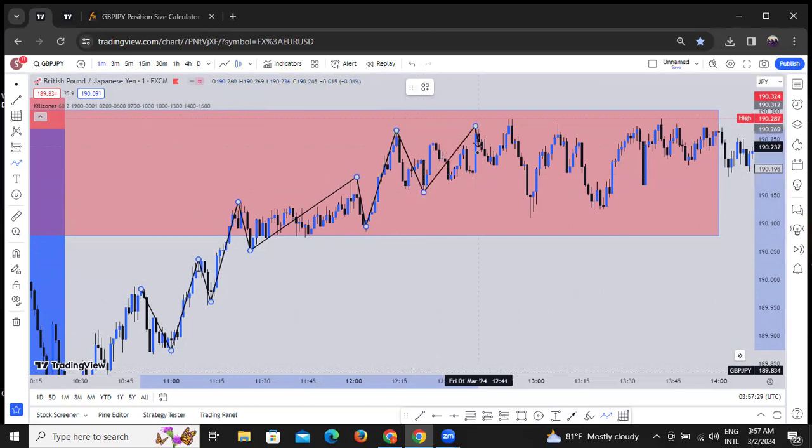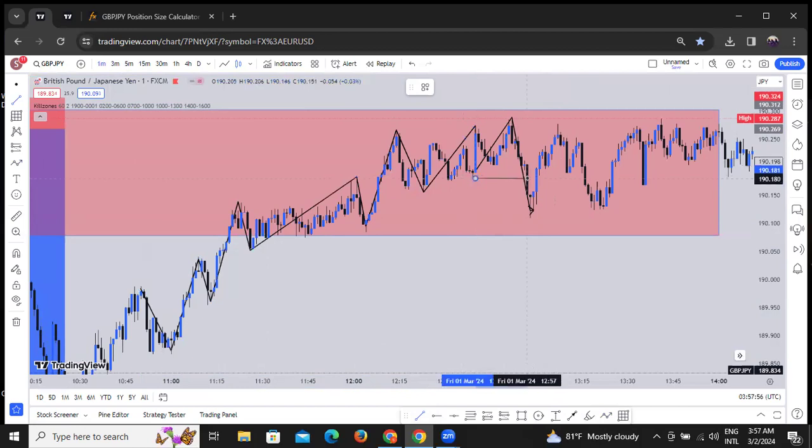Higher high, higher low. Now we have this higher high. And what did market do? Market broke structure in this particular place. So we have a market shift right there. With my market shift, I was like, okay, market is about to align again.